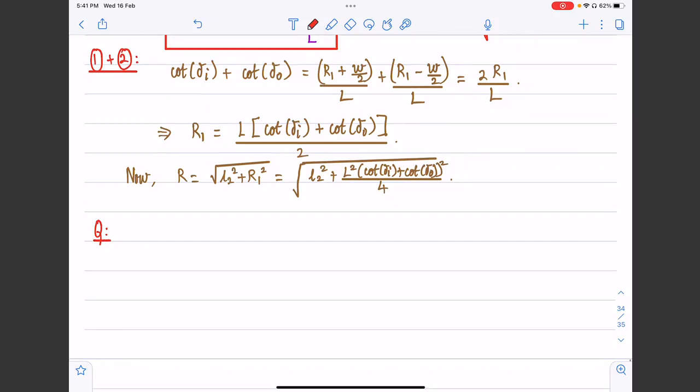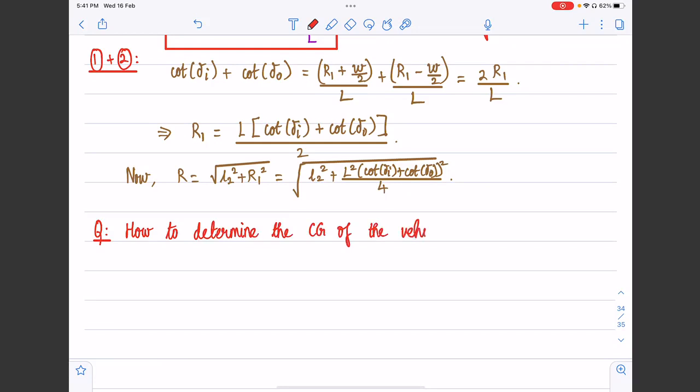So we are going to look at another problem related to your homework number 4, right? The question I'm posing to you is how do we determine the CG of the vehicle?